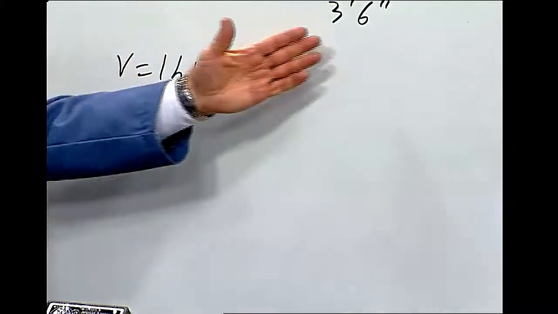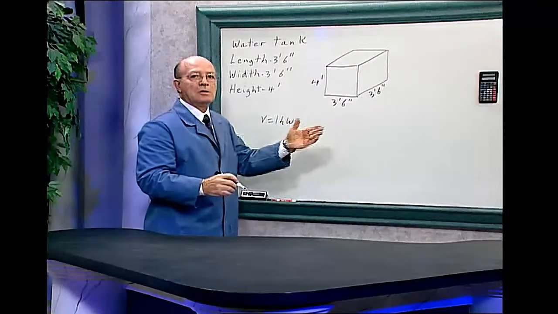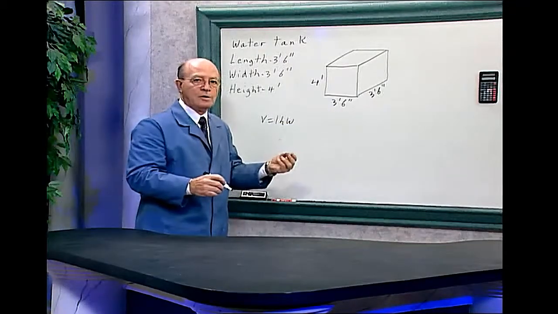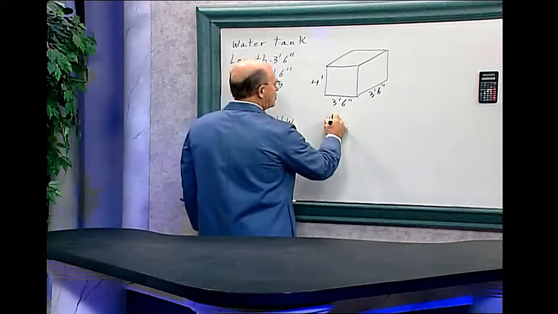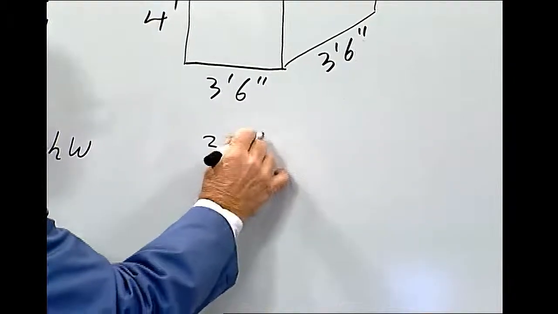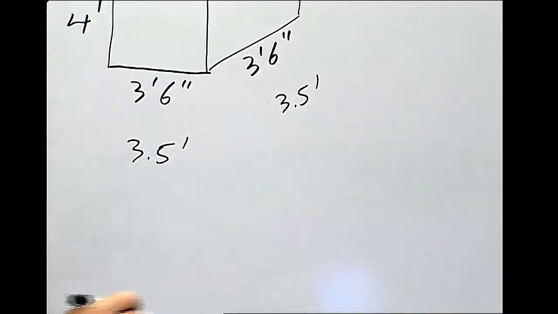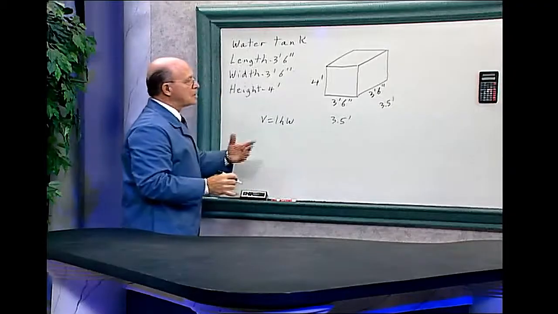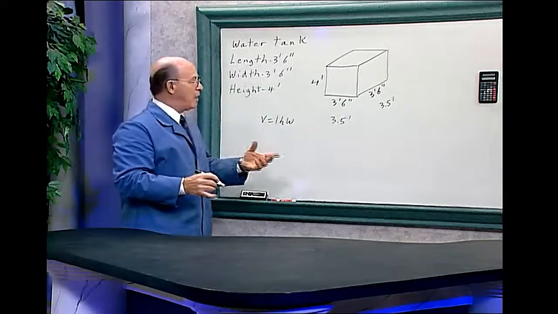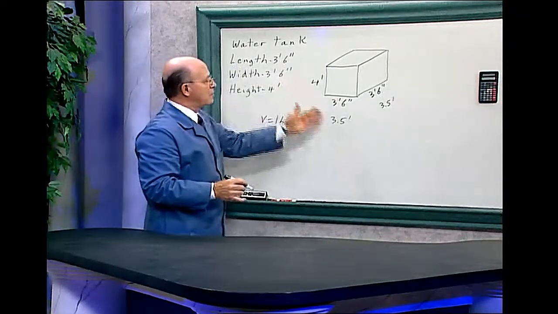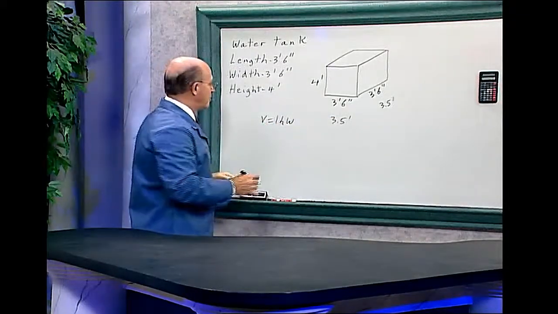And so 6 inches is actually a half of a foot. So this is also 3.5 feet. And this is also 3.5 feet. 6 divided by 12 is 0.5. So now we have everything in feet. Now we can plug in the numbers.